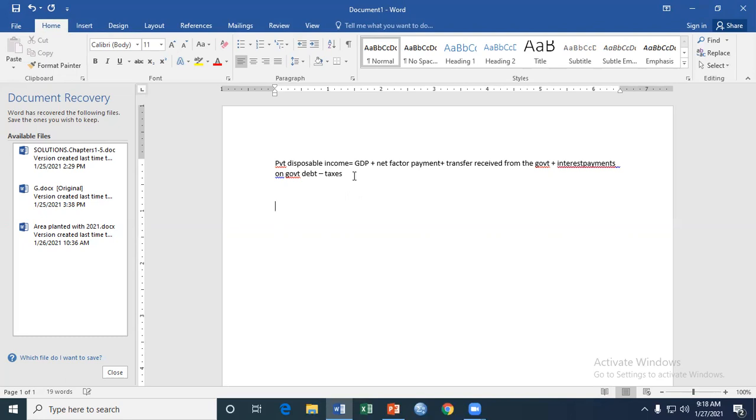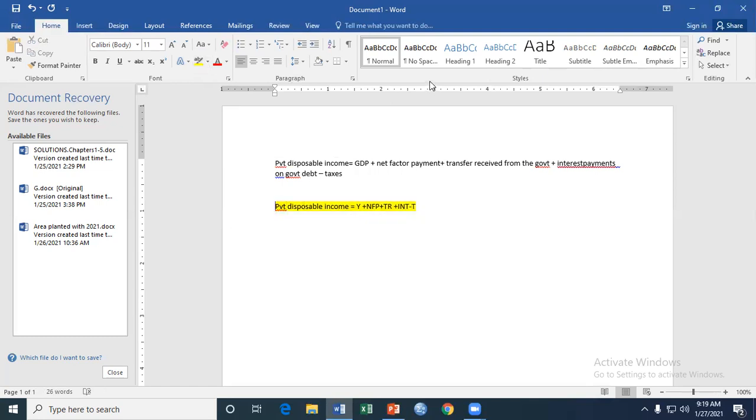Let's say private disposable income, YP, is equal to Y plus NFP plus transfers received plus INT minus taxes, right? This is the private disposable income formula. You can get private disposable income with the help of this formula.